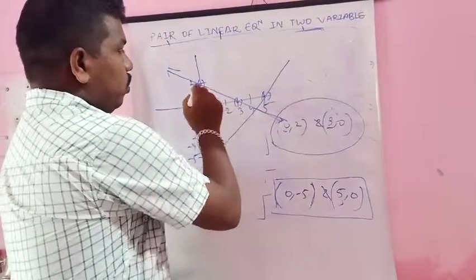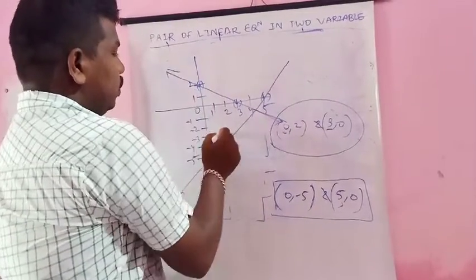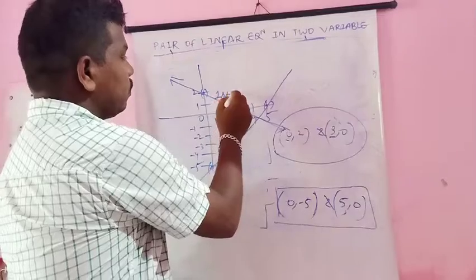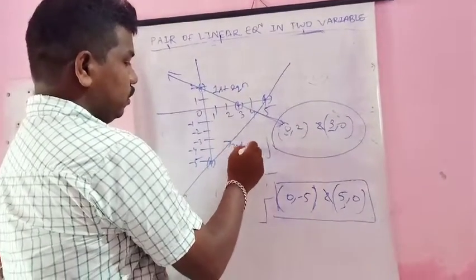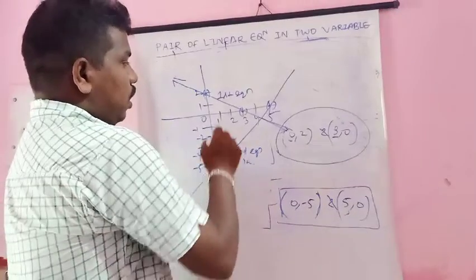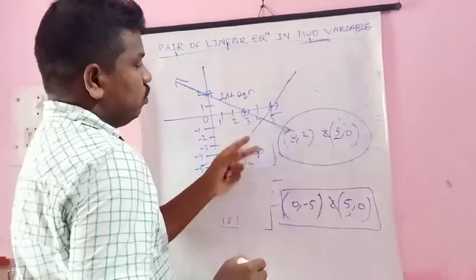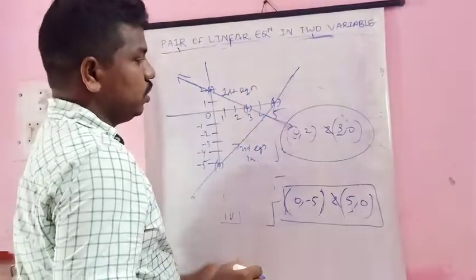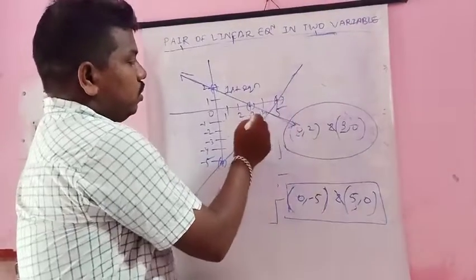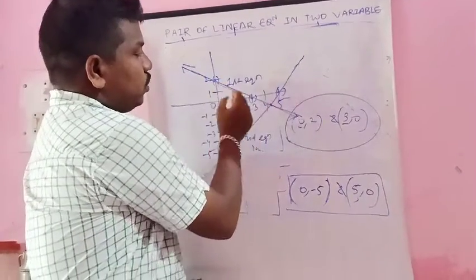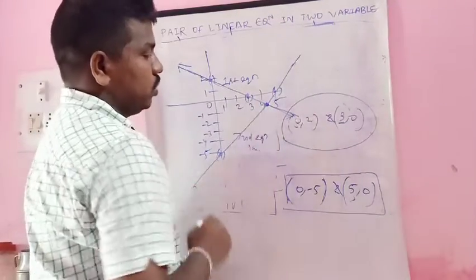So we draw the two equations here. This is the first equation line, and this is the second equation line. From this graph we can see which type of solution these two linear equations give. We see that the two lines intersect at this point, so it gives a unique solution.